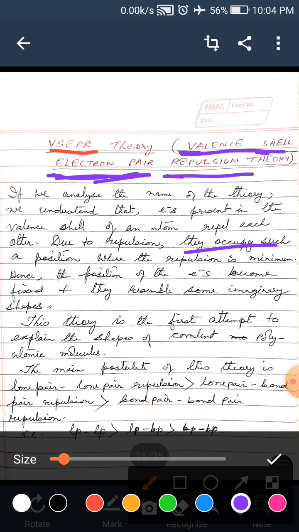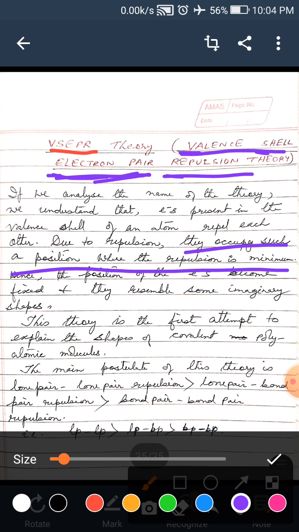And they will occupy such a position where the repulsion is minimum. And let me tell you, this is the first theory which more or less successfully could explain the shapes of covalent compounds. Remember the drawback of Lewis concept? Lewis could not explain the shapes of molecules. And this VSEPR theory is the first attempt to understand the shapes of molecules.